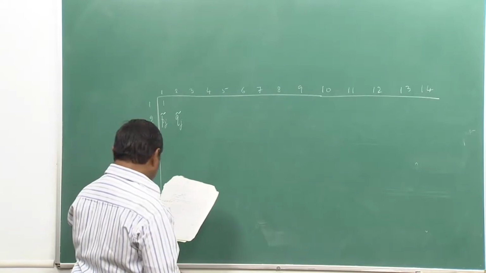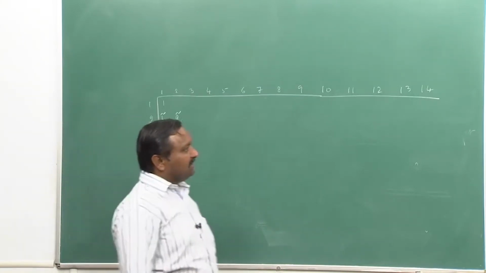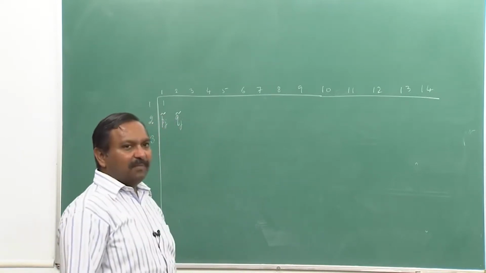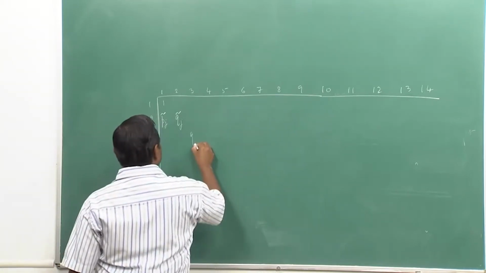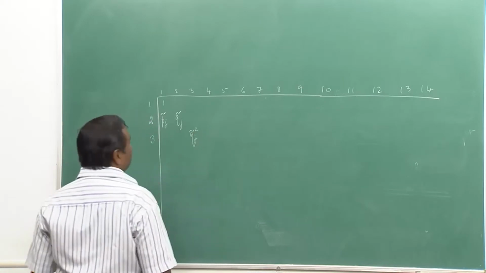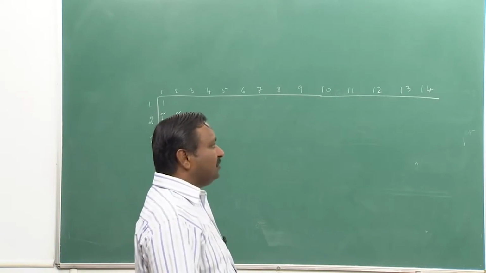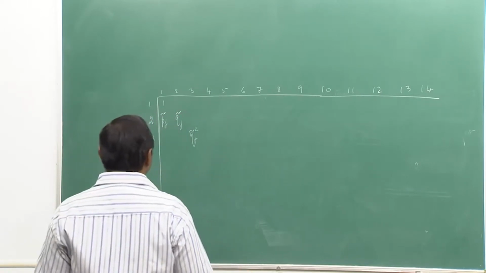So, the third one, if you are in state 3, you can remain in state 3 if none of the packets goes out. So, you will remain in state 3 with Qj tilde square. If only one packet goes out, and the other one does not go out, which will happen with 2 Pj tilde Qj tilde, you will come to state 2.